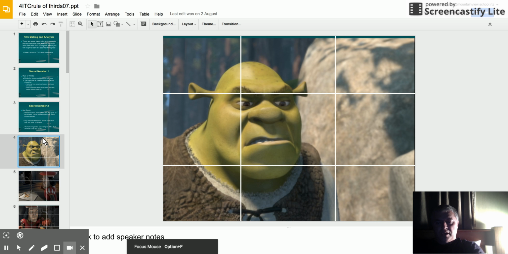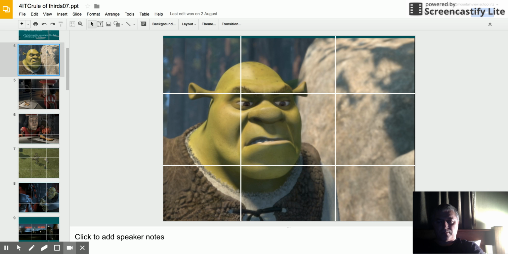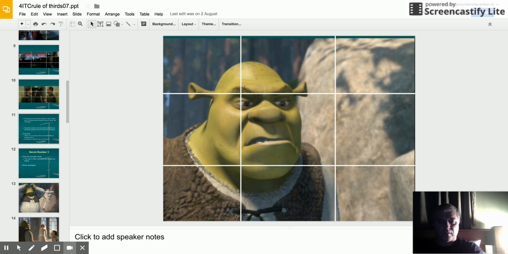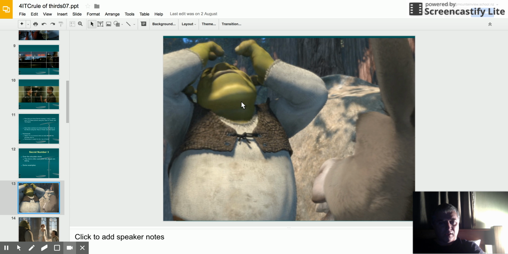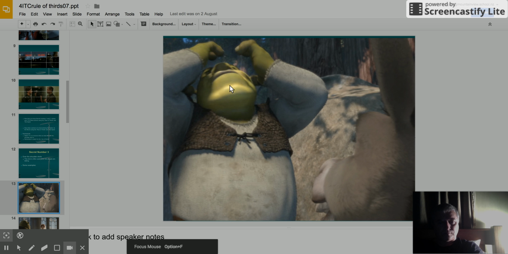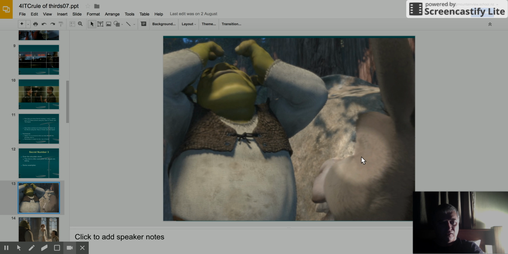Now, the next design principle that you could use and think about is called over the shoulder shot. What that simply means is, over here we've got Shrek, and he's facing us. You can see his face is facing us. But when I go over to Donkey, you can only see the back of his head.